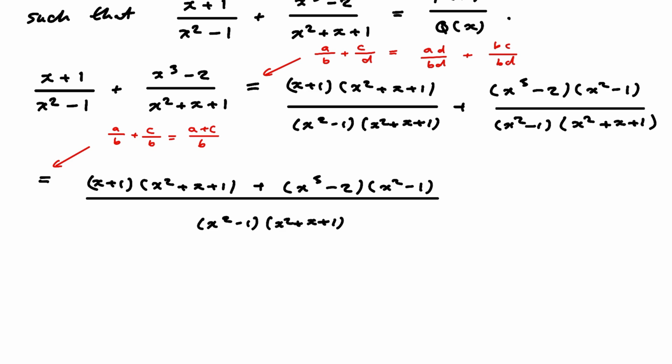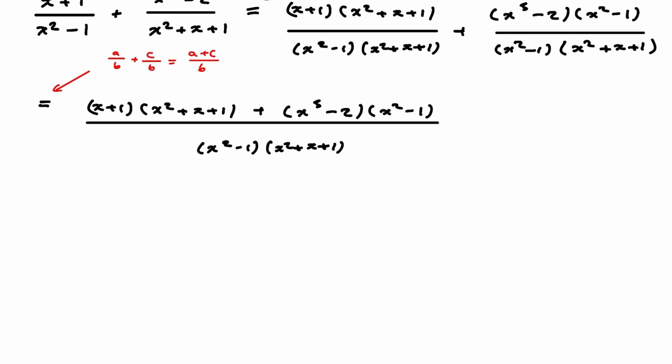So now what have we got to do? Well, we've got several ways of doing things, but what we essentially need to do is multiply everything out and combine them. Quite often it's a good plan to keep the denominator factored. It's not always the case.